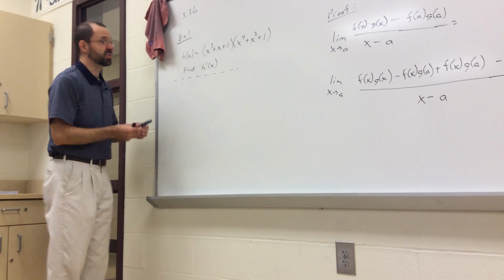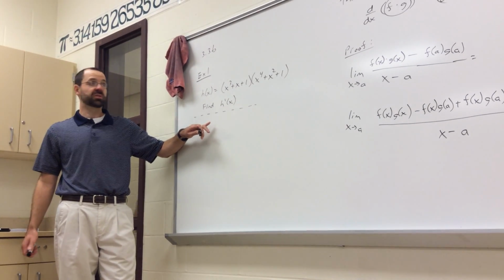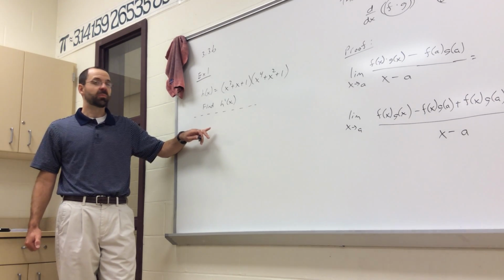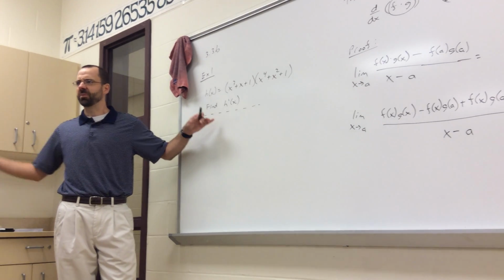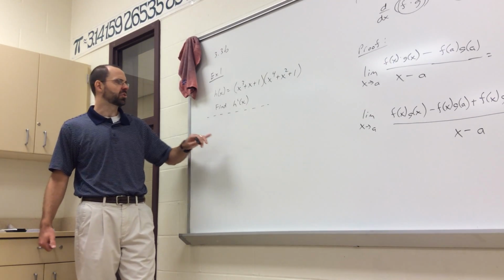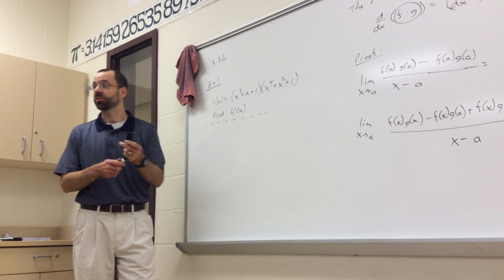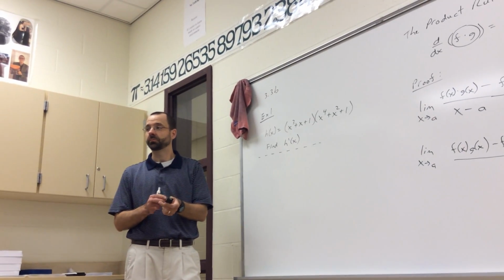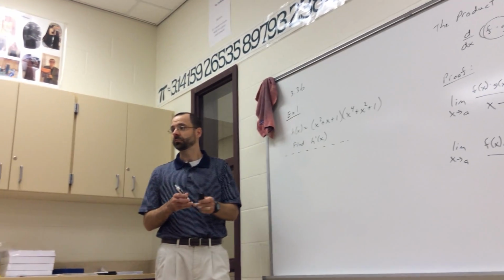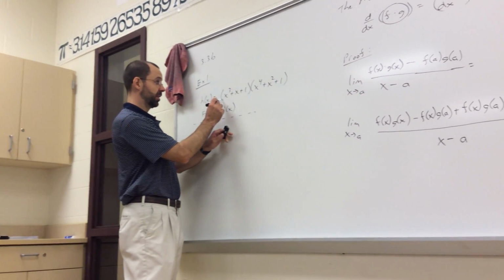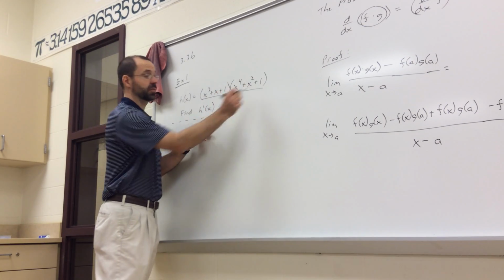Okay, so you would suspect that we're going to use the product rule because I just taught you the product rule. But other times the problems are all going to be mixed up, right? So why should I use the product rule when I'm taking the derivative of this function? Because this function is a function times another function.